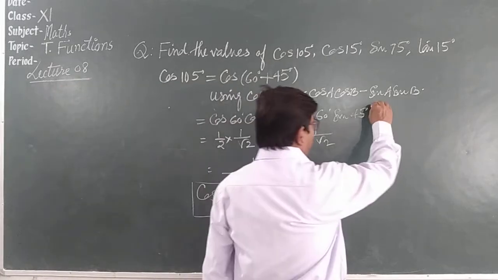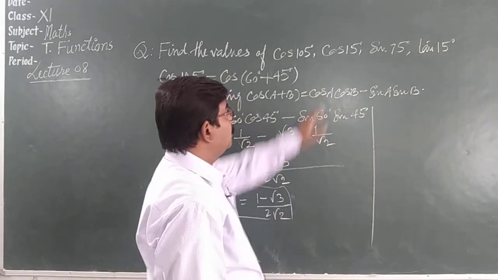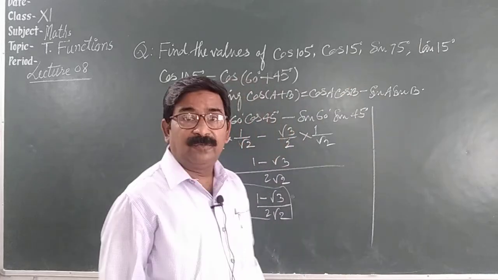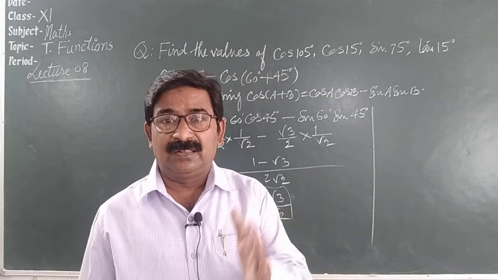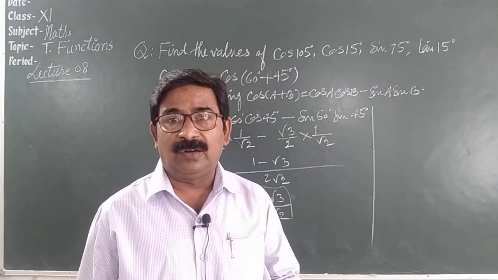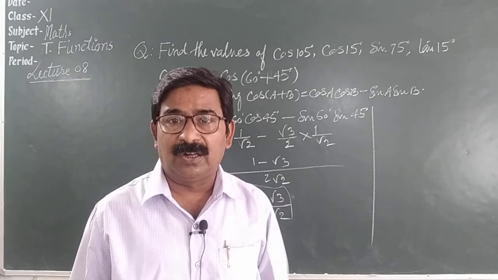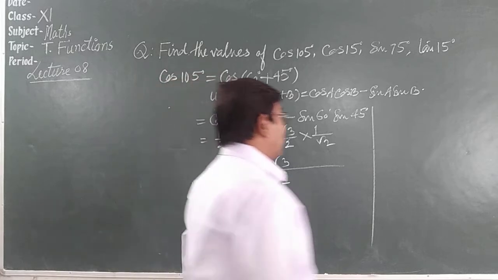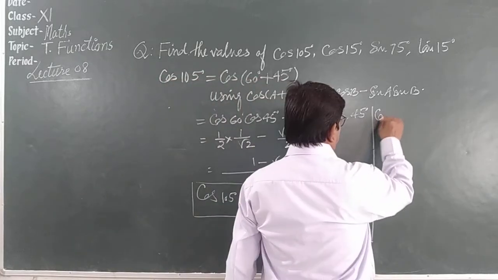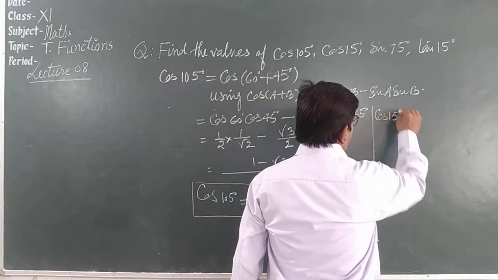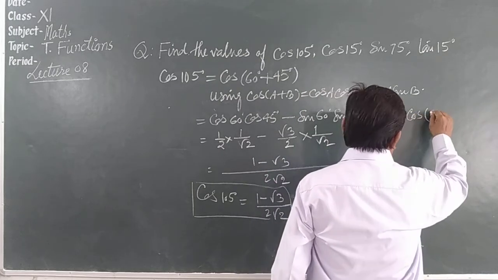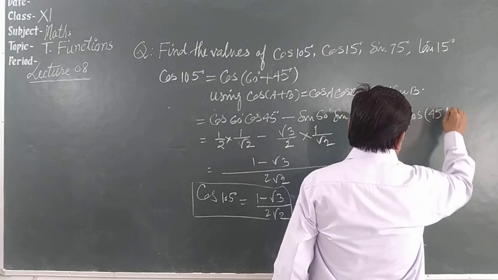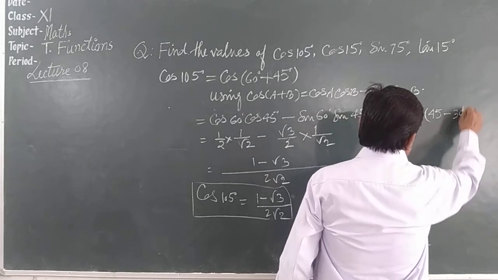Now one more you can see, cos 15 degree. Now 15 degree can be obtained in two ways, either 60 minus 45 or 45 minus 30, both are known values. So I am writing, see, cos 15 degree is equal to cos (45 minus 30) degree.